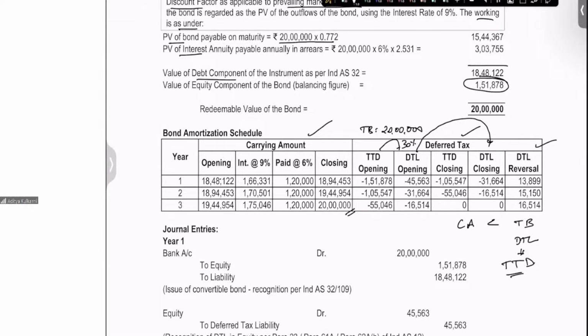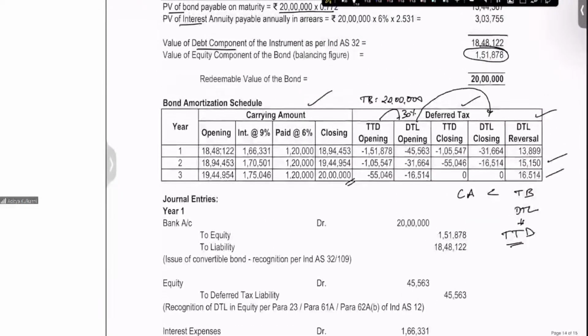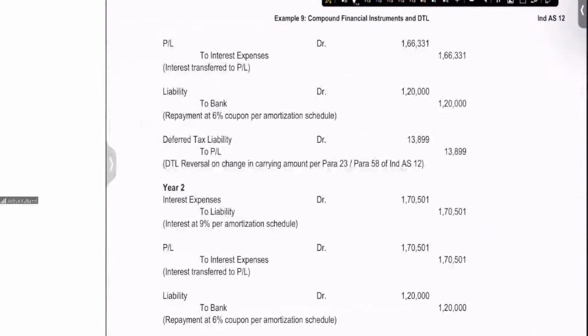The same thing continues for year 2 and year 3. Is this part okay till now? The deferred tax component working, is it okay till now? Yes, tell me, is this understood? So far, did you understand the deferred tax component? Yes.